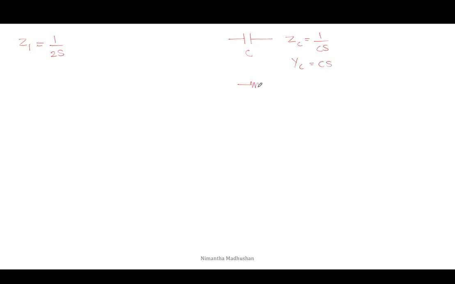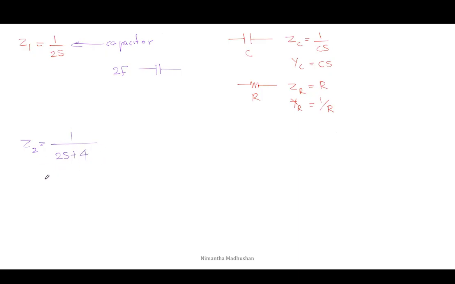And if I consider a resistor with value R, the impedance of the resistor is R and the admittance of the resistor is 1 over R. From these terms, Z1 is a capacitor. The value of the capacitor is 2 farad. And then I consider Z2, which is equal to 1 over (2s + 4).